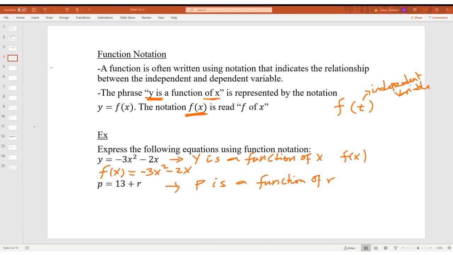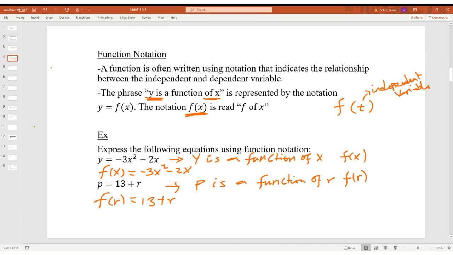But it can be any. So if you choose F, that's fine. You can choose G. You can choose H. Can use any variables. You can say P of R, that's also perfectly fine. If you have one function, just use F, because it's function F. We usually use F, 13 plus R. But if you have multiple functions, use different letters.